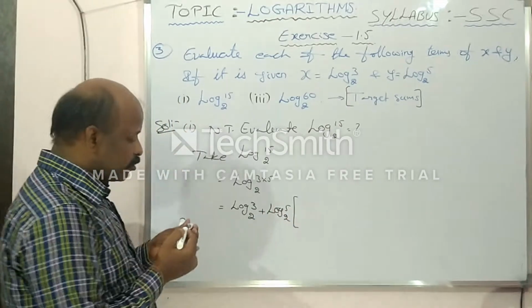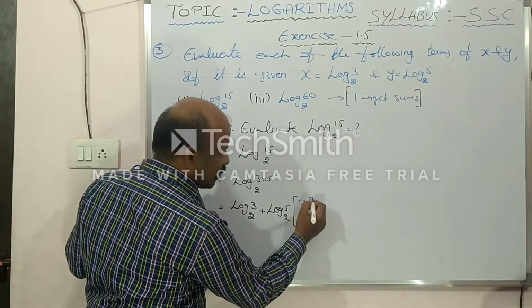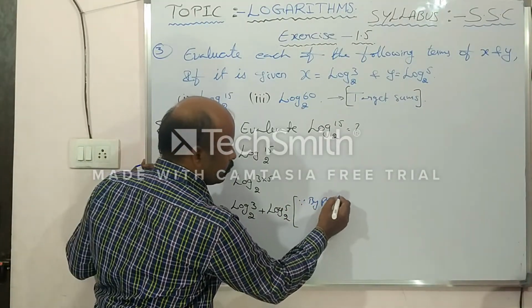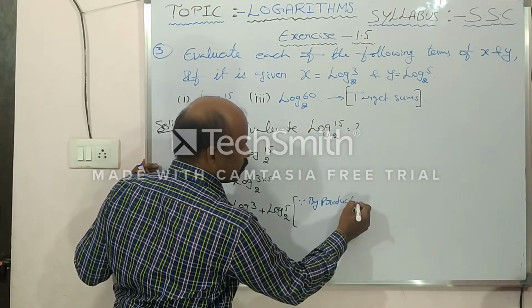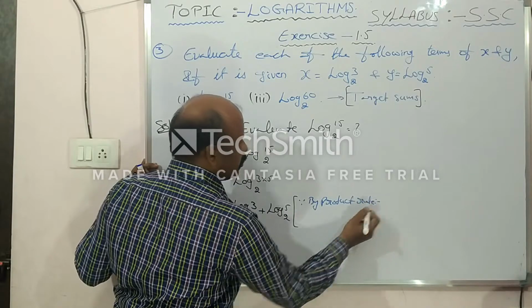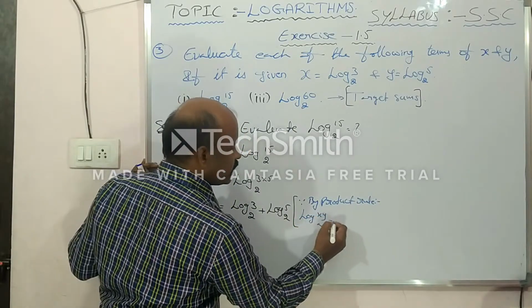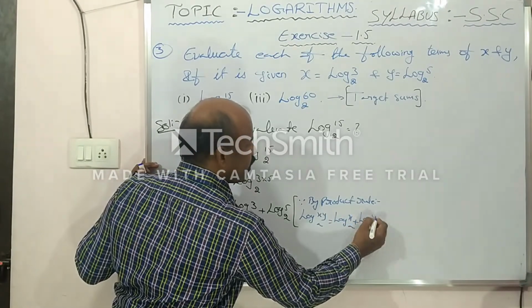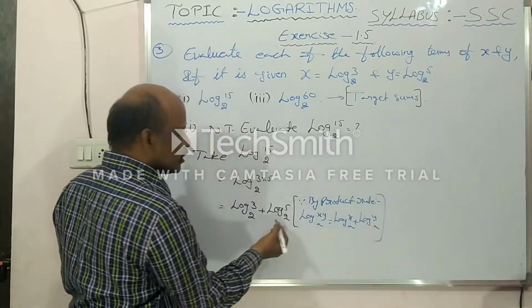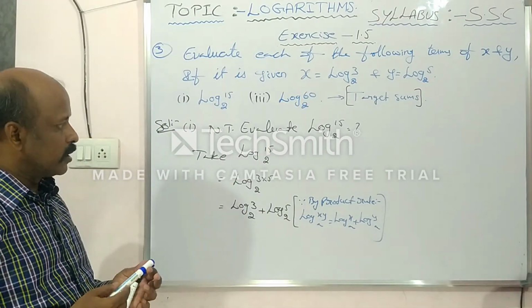Which formula used over here? By product rule. By product rule, log of xy base a is equal to log x base a plus log y base a. By using this formula, I split it into two parts.